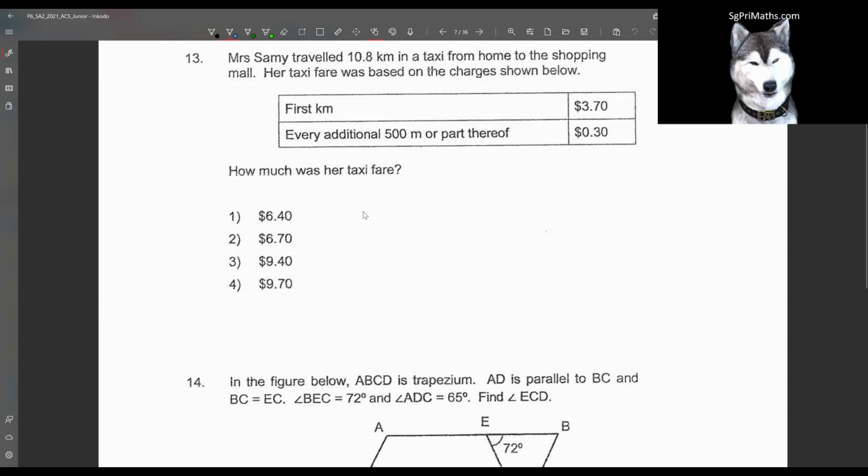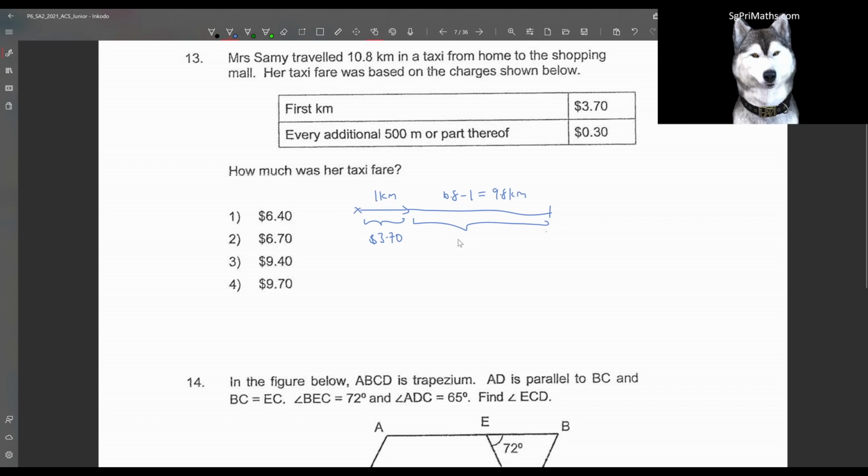So for the first kilometer, from the start to the first kilometer, it's actually $3.70. Then after that we have until the end, which is 10.8. So that means it's 10.8 minus 1 equals 9.8 kilometers here, which is split into 500 meters.